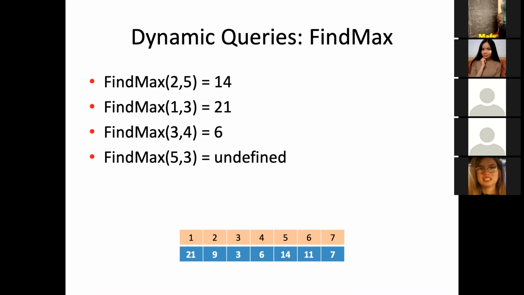Does the problem make sense to you? Yes. So we are given an array. Each array item has an index. That's the way we want to think about it, but maybe we don't want to store it in an array. That's up to you. But then I would be asking you lots and lots of questions saying, okay, tell me the largest between position 3 and position 7. And your job is to tell me that as quickly as possible.